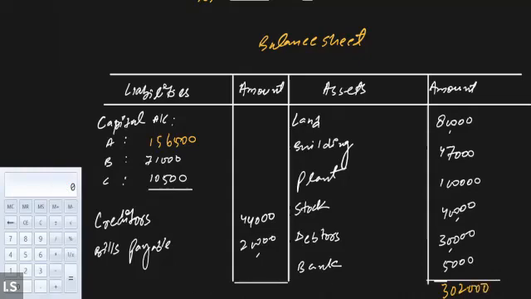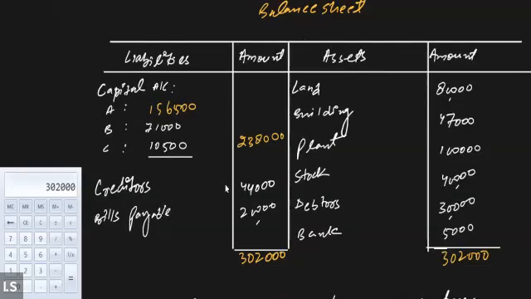And on the liability side, we have 1,56,500 plus 71,000 plus 10,500. It will be 2,38,000. Adding 44,000 plus 20,000, it will be 3,02,000 as well. So our balance sheet tallies. Both the sides have got the same balance. That means we did the question correctly.